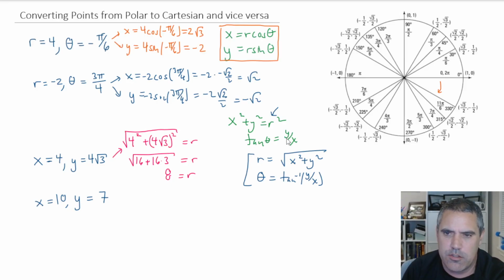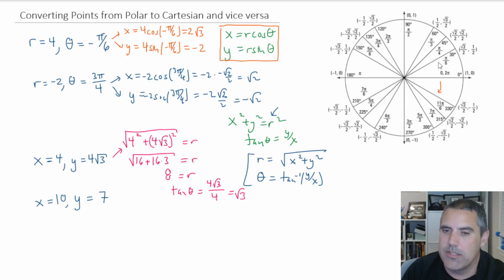Okay, so then tangent of theta is y over x. Now, in the homework, you should be looking for things that possibly simplify. So this is going to be 4 root 3 over 4, which is root 3. Now, when is tangent root 3? Again, I talk about this in my video about reading the unit circle, so if you don't know that, check that out.